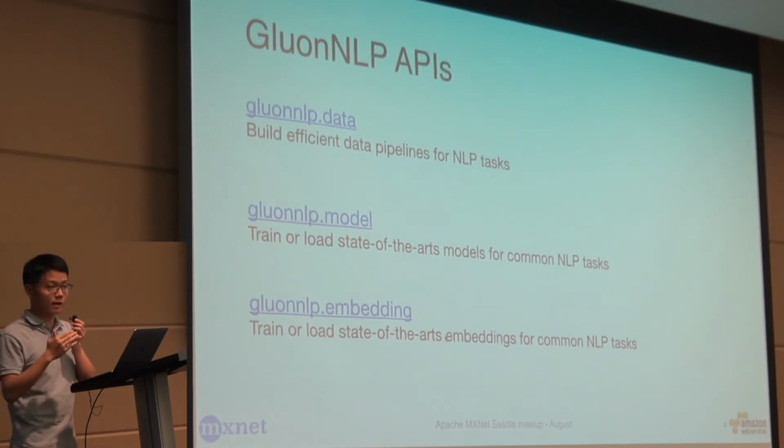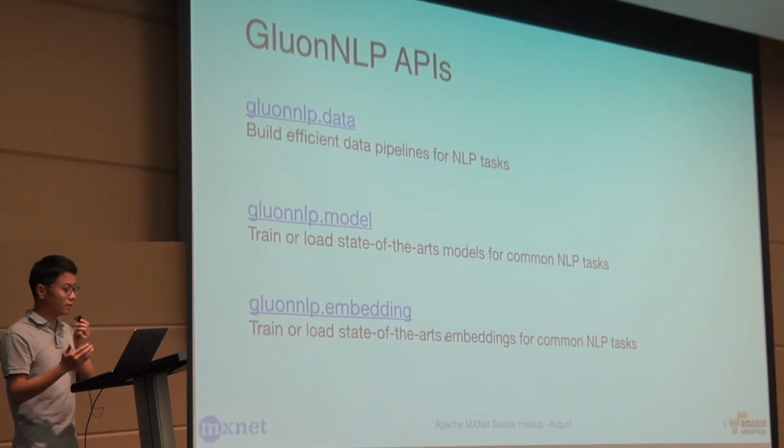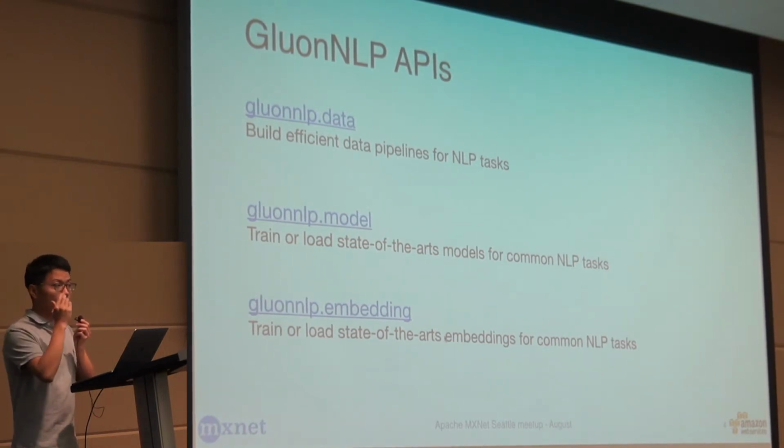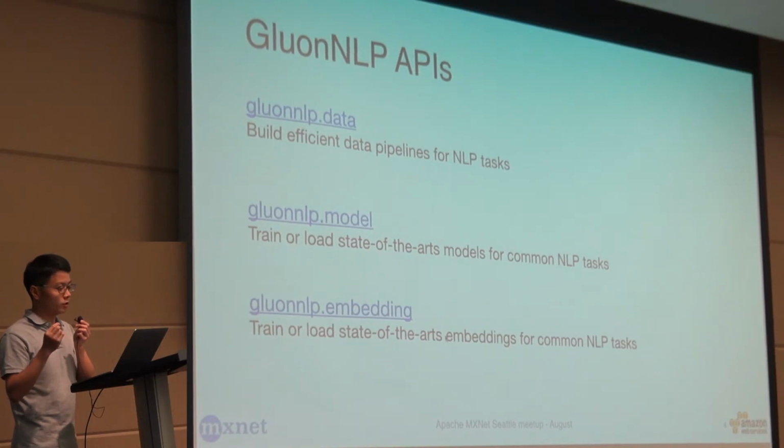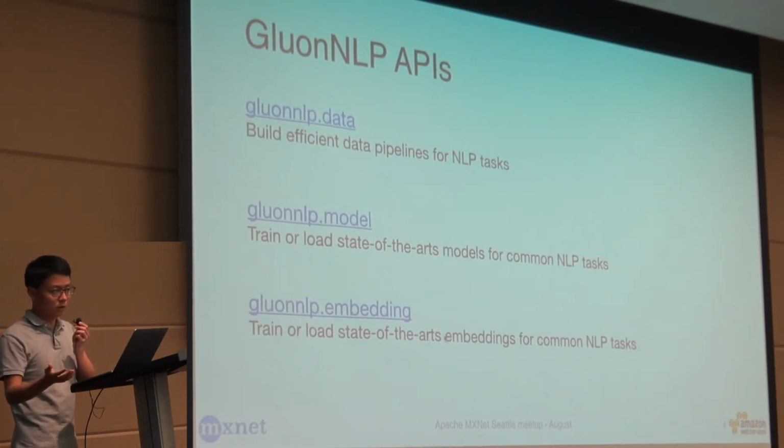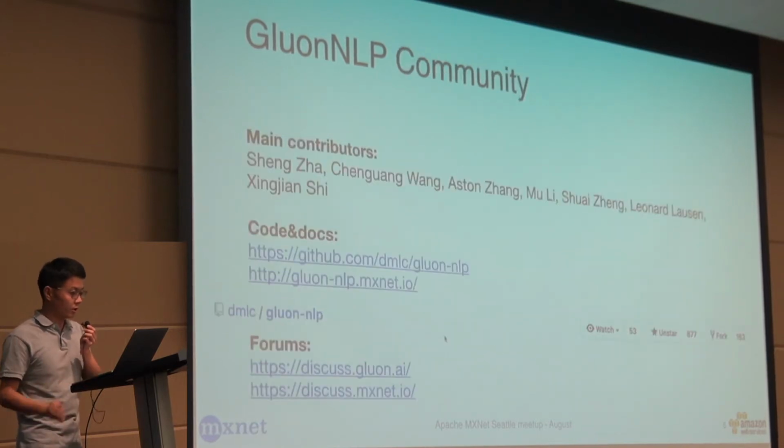I will cover how to leverage embedding. We already have over 300 pre-trained embeddings, and you can also define your own embedding model, train it, and have your own embedding ready for many NLP tasks, or even some more application-oriented tasks. Okay.